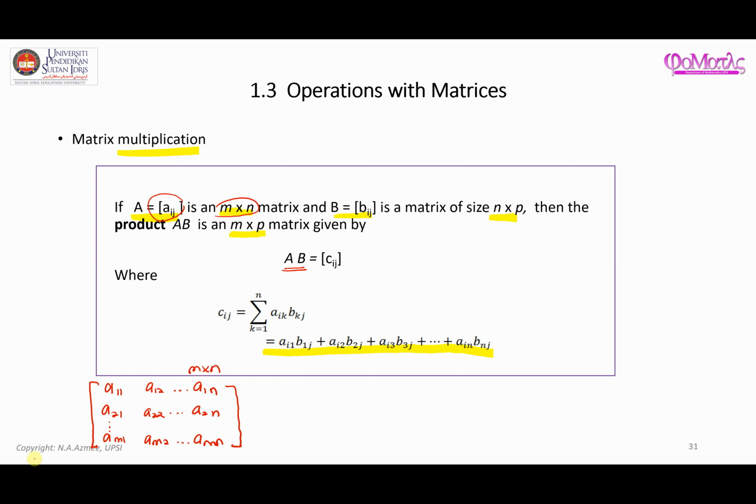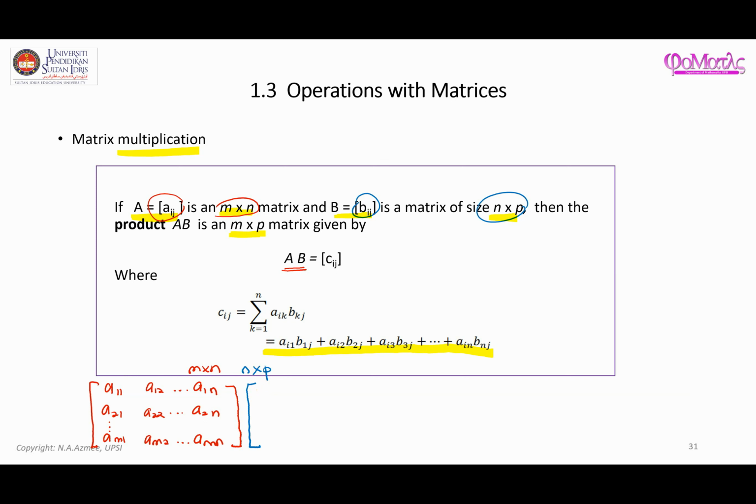Next, we look at the other matrix, matrix B. We have Bij, and the size is n times p.